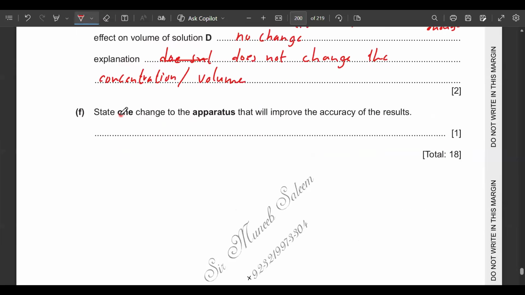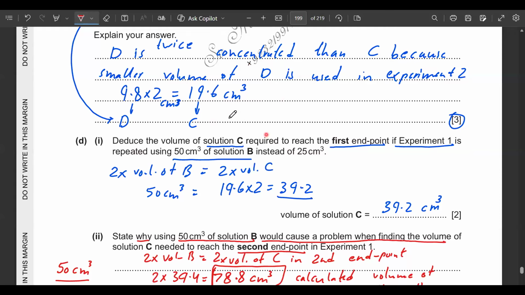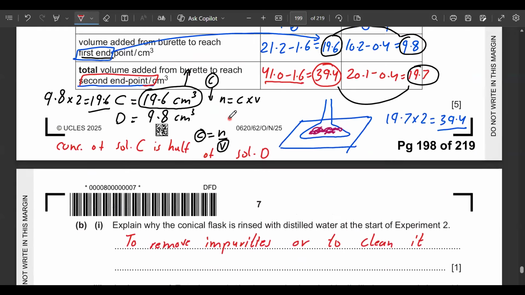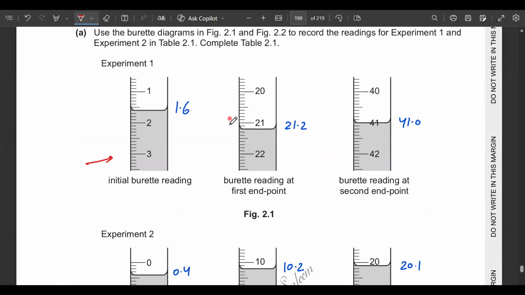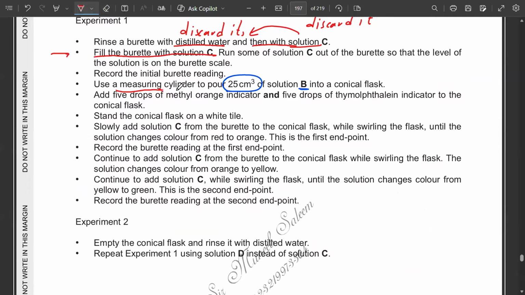Then we have F. State one change to the apparatus that will improve the accuracy of the results. If we go back to the procedure of the experiment, we were using the measuring cylinder to measure 25 cm cube of solution B. We remember the measuring cylinder has the least accuracy.